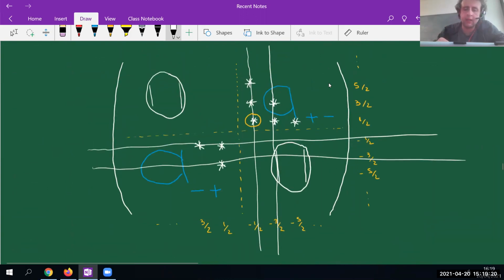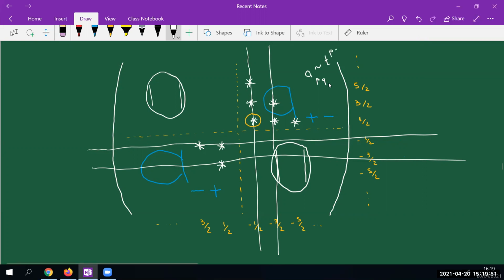So I can put it either in A plus minus or in A minus plus, or I can split it between the two. So the statement is that if you have here some element, let's call it A P Q or minus Q, because these are minus indices, this matrix element will have behavior like T to the P plus Q times a constant independent of T. Okay.